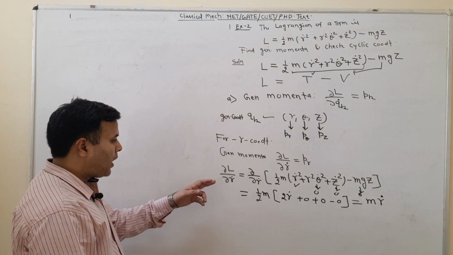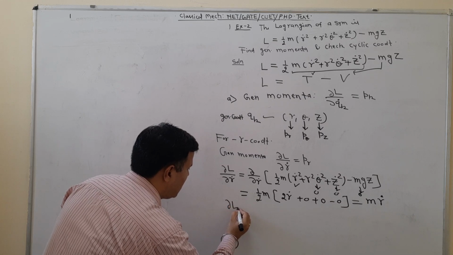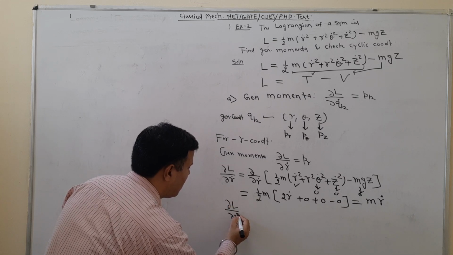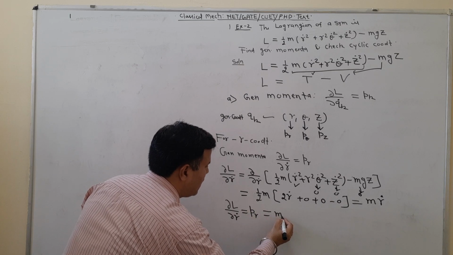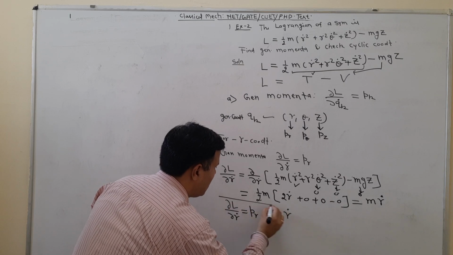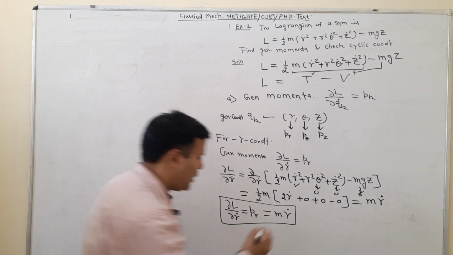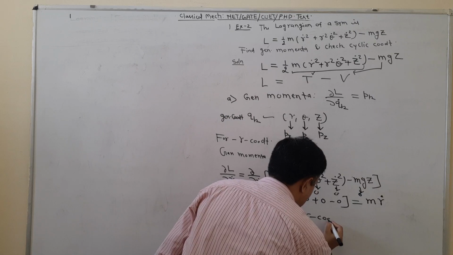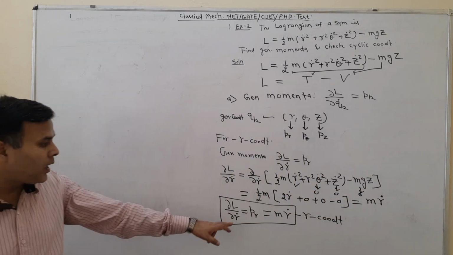So for the r coordinate, del L upon del r dot is p_r, which is m r dot. This is the generalized momenta corresponding to the r coordinate.